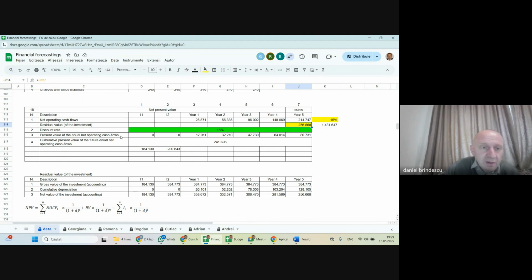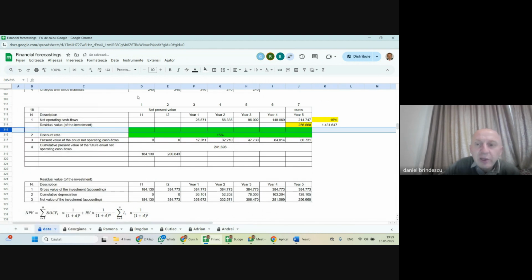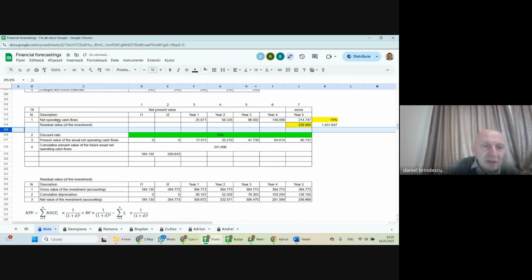Now, I will insert one more line here to calculate the total benefits generated by the investment. So I have the net operating cash flows, I have the residual value of significance, of course, at the end of the fifth year.